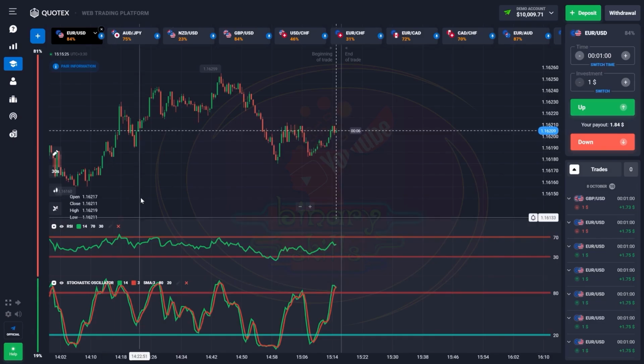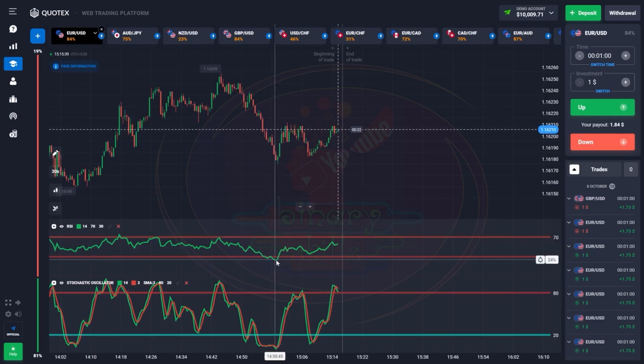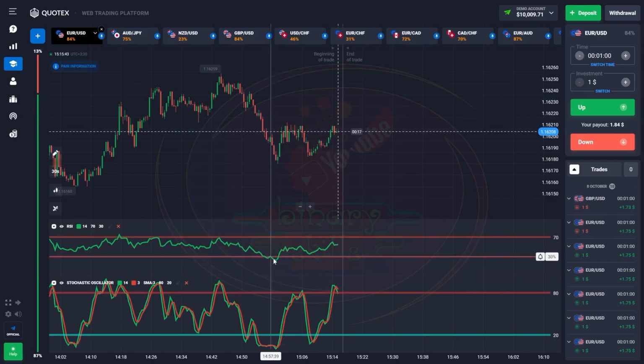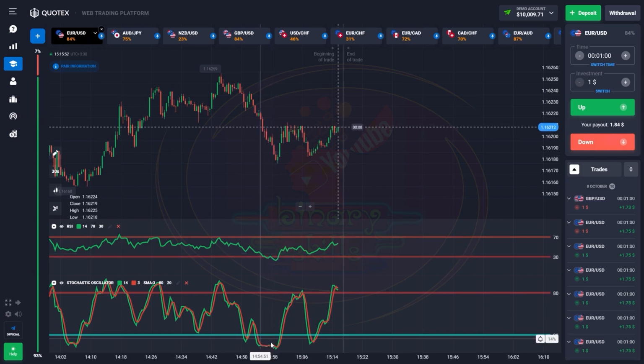What we need to look for is a point where both indicator lines are either in the overbought zone or both are in the oversold zone. Like here, look at this point. Our RSI line, the green one, is exactly below the red line, meaning it's below the 30 level. Similarly, on the stochastic, you can see that both lines are below the greenish line at the 20 level.